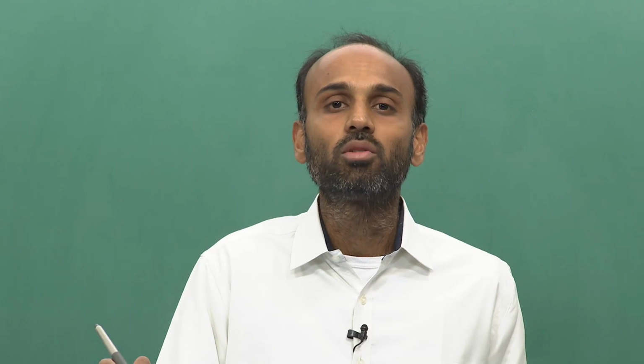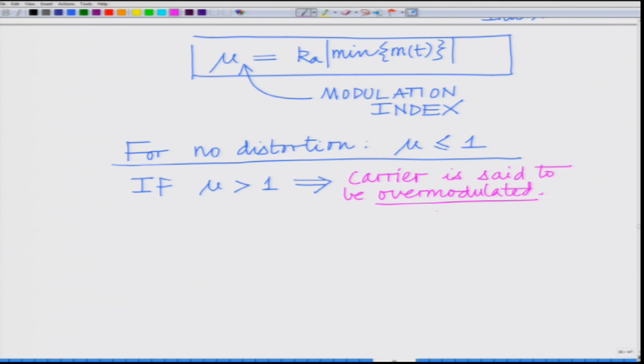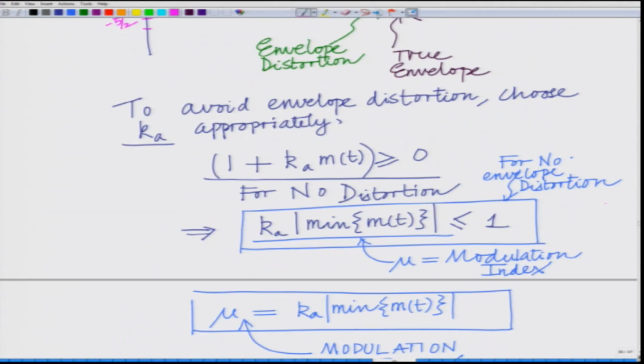So, over modulation of the carrier leads to envelope distortion. Alright.